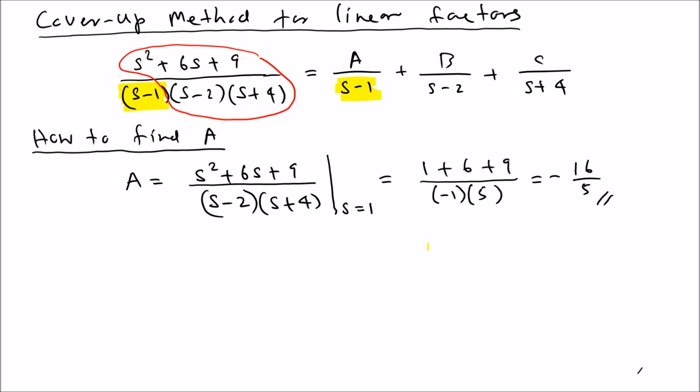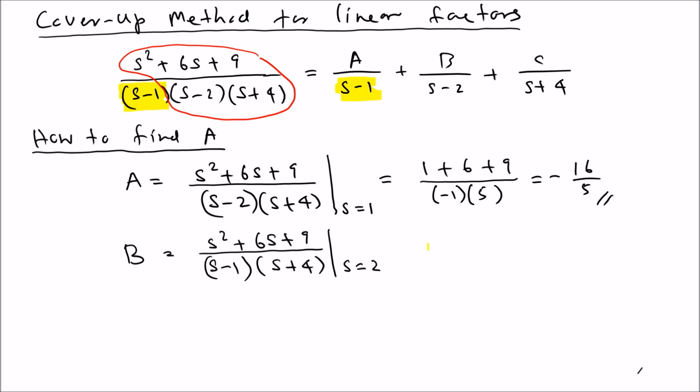So for example, what is b? b is simply s squared plus 6s plus 9 over, so if you need b, you cover up the other term. So it is s minus 1, s plus 4. You're going to plug in s equal 2.